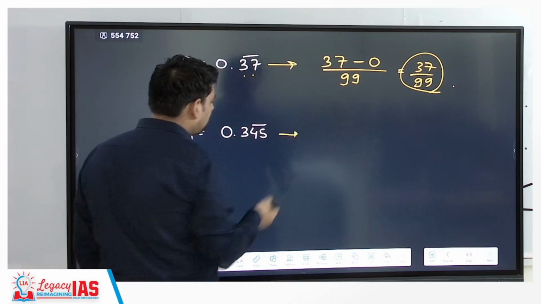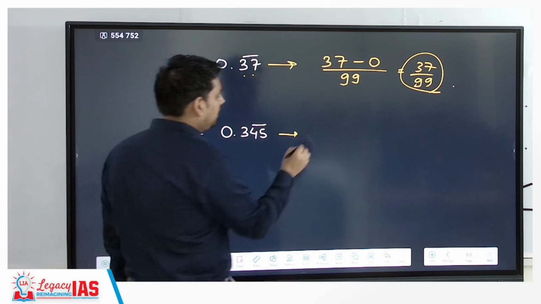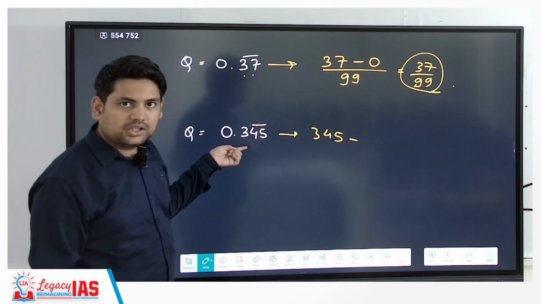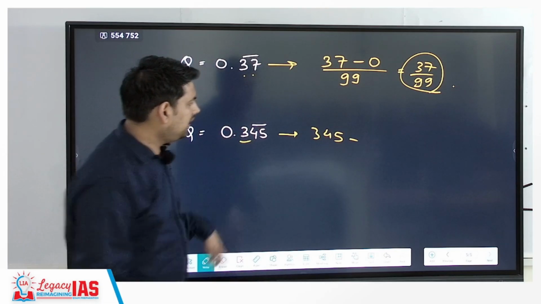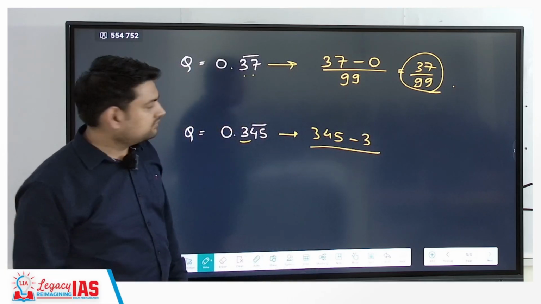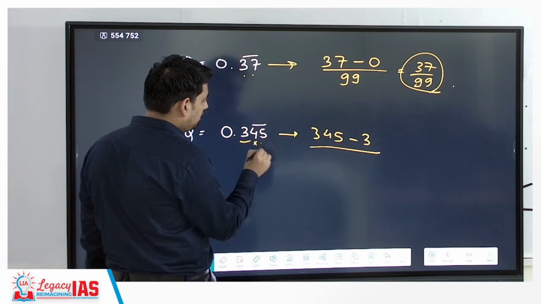Similarly, you do here also. First you separate 3, 4, 5, so write here 3, 4, 5. Now subtract the number which does not have a bar over it. Which is that number? 3. So just subtract 3, upon. Now you count the numbers which have a bar over them. So 1, 2.